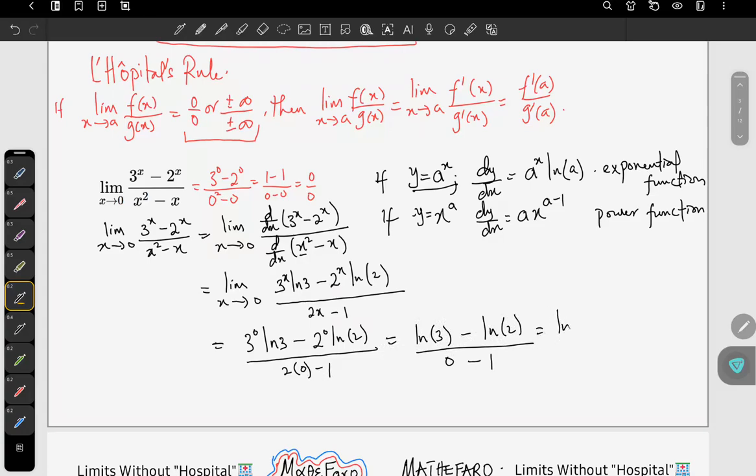And that is the same thing as natural log of 2 minus natural log of 3, because the negative sign in the denominator will affect the order of the subtraction in the numerator. And the answer is natural log of 2 over 3 using the laws of logarithm. Log A minus log B is equal to natural log of A over B. And that is the answer to this limit question.